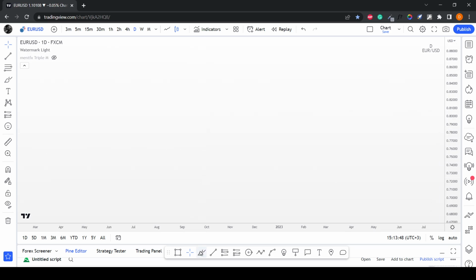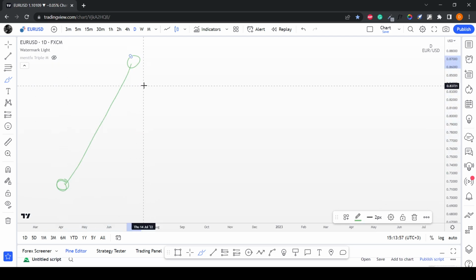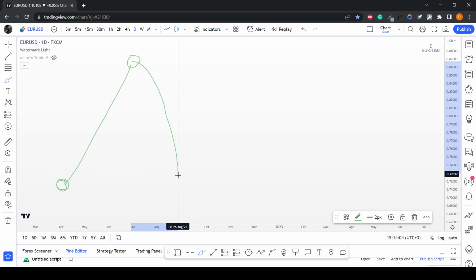Because if we think about the nature of how the market moves, in its simplest form, it does not move from this bottom point to this high point in one push. And the same way, it does not reverse like this.